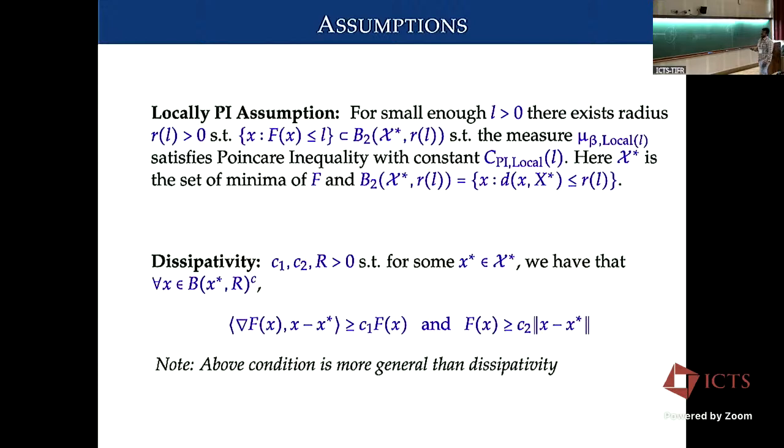Specifically, there exists some X star in the set of minima such that the gradient of F at X, dotted with X minus X star, is larger than F of X. In other words, it points towards the set of minima. And as I go farther and farther out, F of X can be lower bounded by the distance to this point X star. These are fairly natural conditions typically seen in the sampling literature.